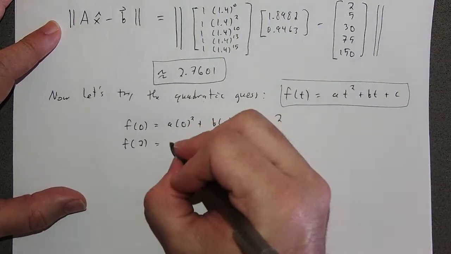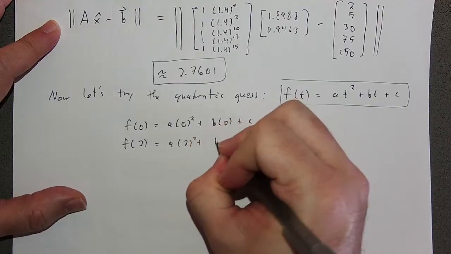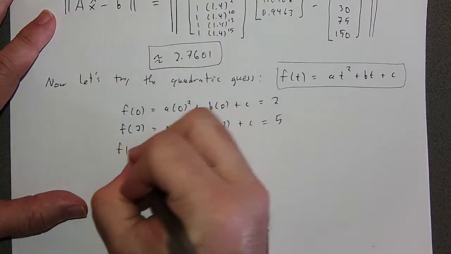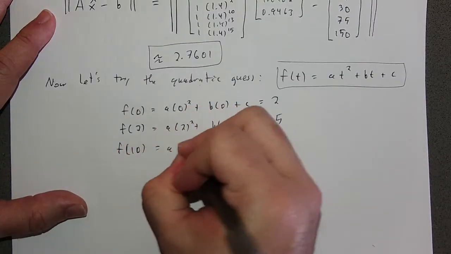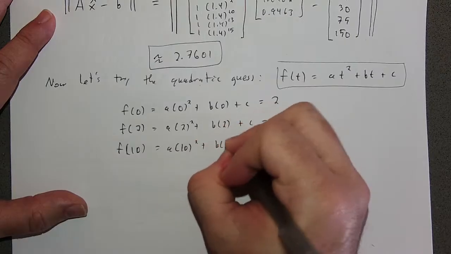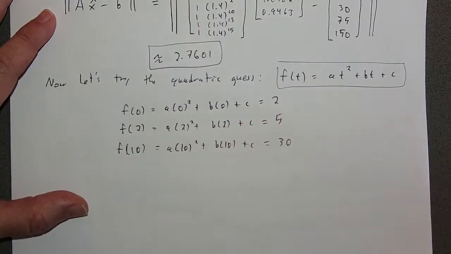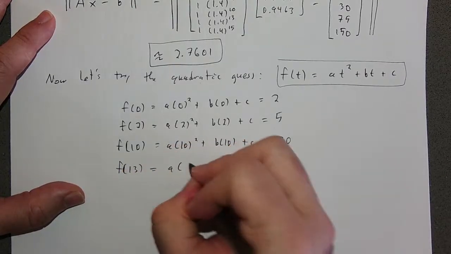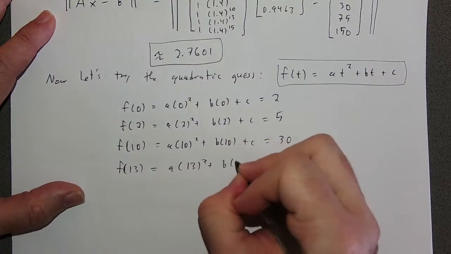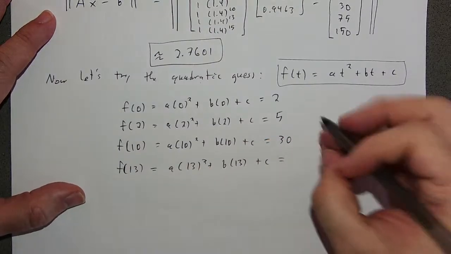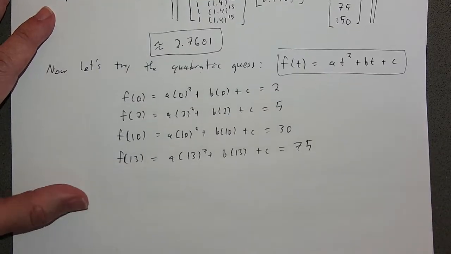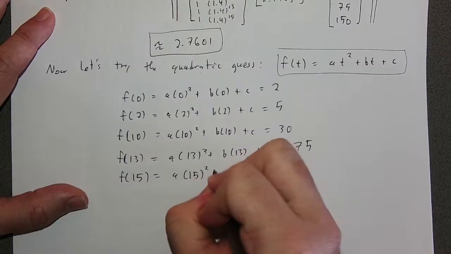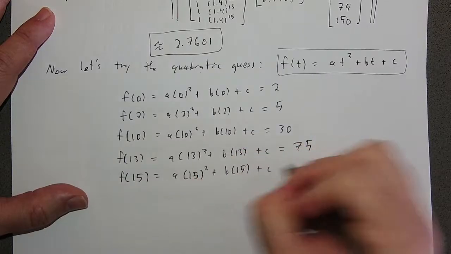Next point is 2, 5, so this would be a times 2 squared plus b times 2 plus c is equal to 5. f of 10 is a times 10 squared plus b times 10 plus c is equal to 30. And then f of 13 would be a times 13 squared plus b times 13 plus c is equal to 75. And then lastly, f of 15 is a times 15 squared plus b times 15 plus c is equal to 150.